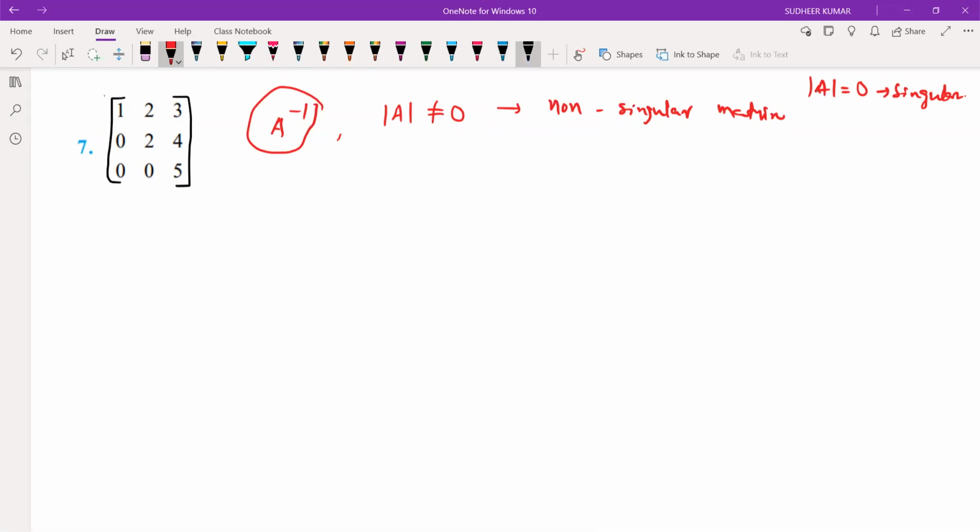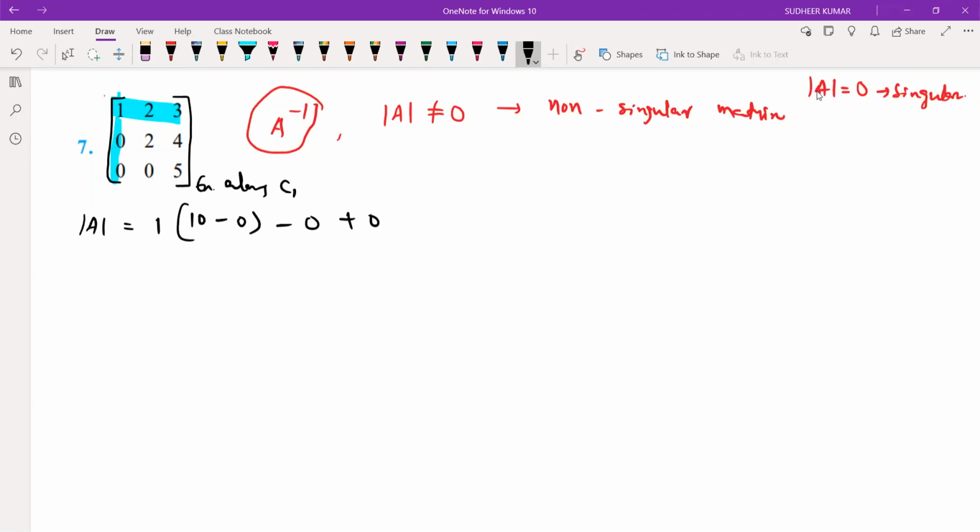So let us find the det A value. What will we get for det A? Expanding along R1, or C1, C1 is easy. So 1 into, delete this row and column, 10 minus 0, and minus 10, 0 plus 0, expanding along C1.